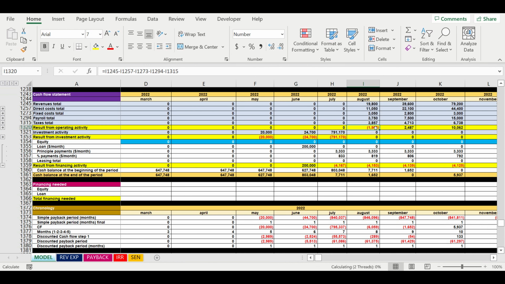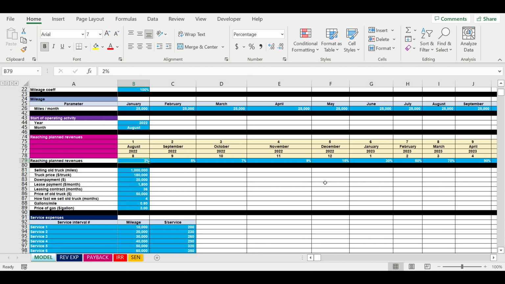So usually entrepreneurs create numerous scenarios of reaching these planned parameters, and they see the gap of pessimistic and optimistic amount of financing that they need to start the business. So this is a very important block of inputs because this affects the amount of money you need to start the business.